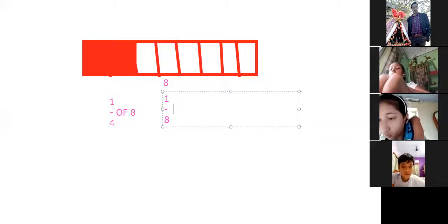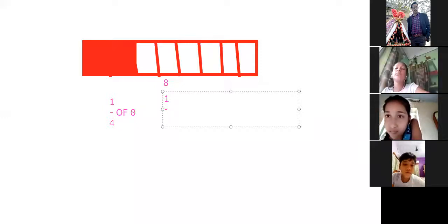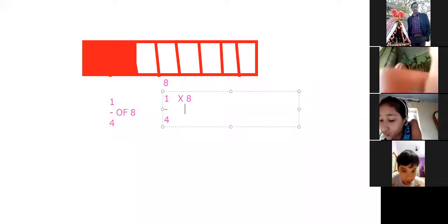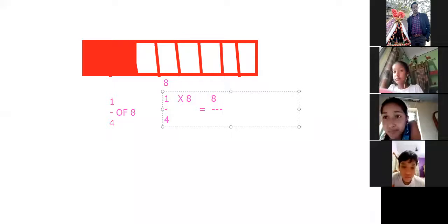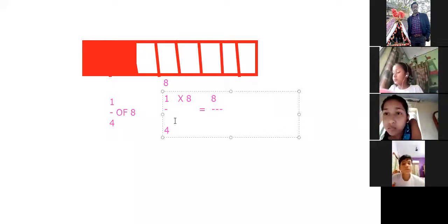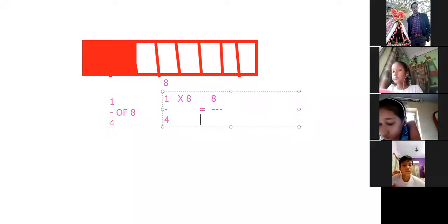So if I go for 1/4 of 8, 1/4 is written here, and of 8 means multiplied by 8. When I do that, I get the result as 8 divided by 4.